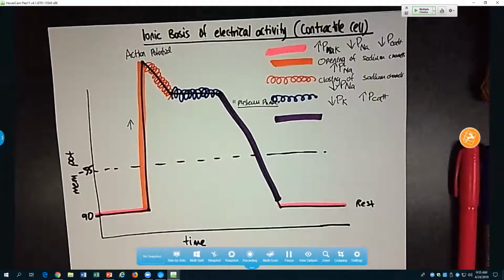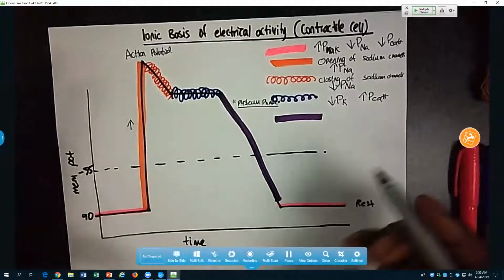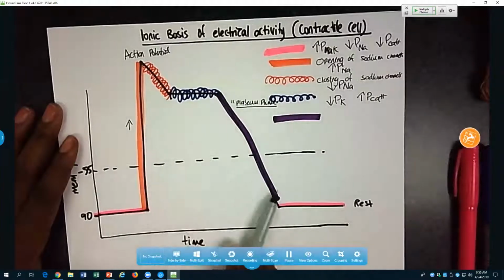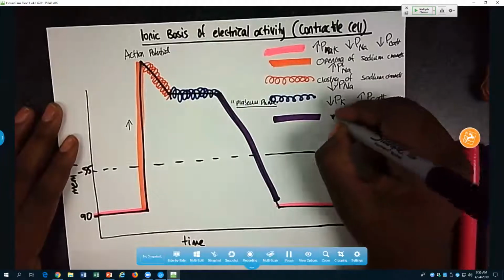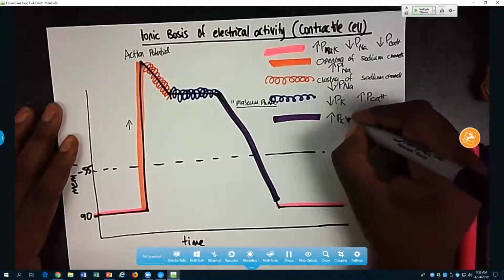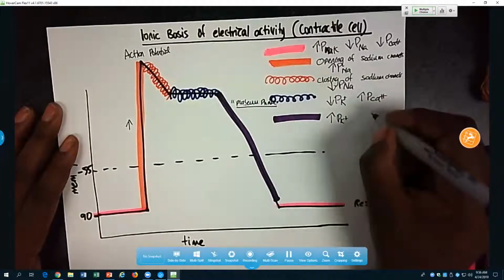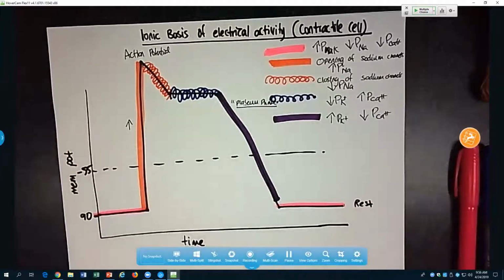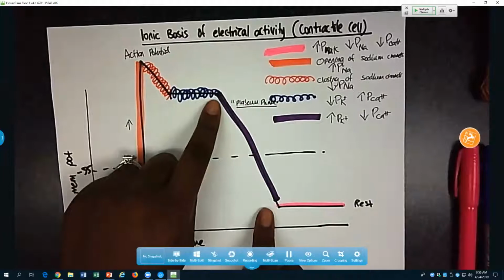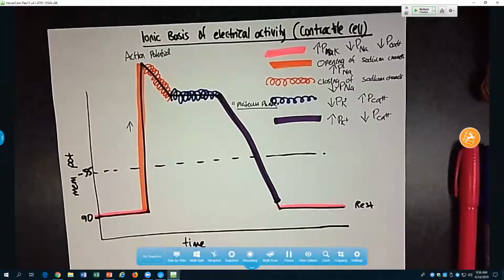And then the final phase is that we allow that repolarization to continue by reversing these channels. So now we open up those potassium channels and we close those calcium channels once again. We're going to repolarize the membrane right back to -90, which is at rest.